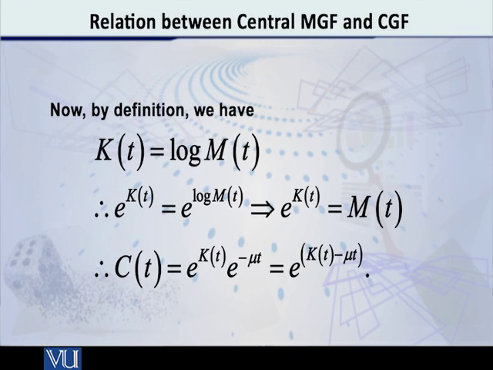The cumulant generating function. So this is the relationship that we have been able to establish between the central MGF and the cumulant generating function, the CGF K(t).